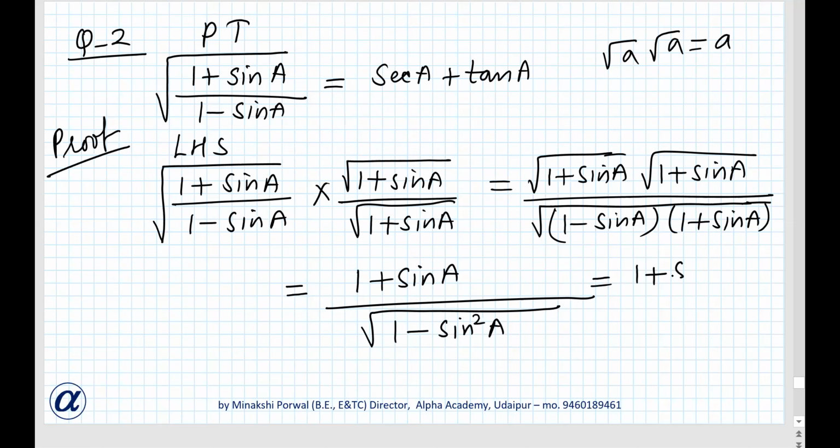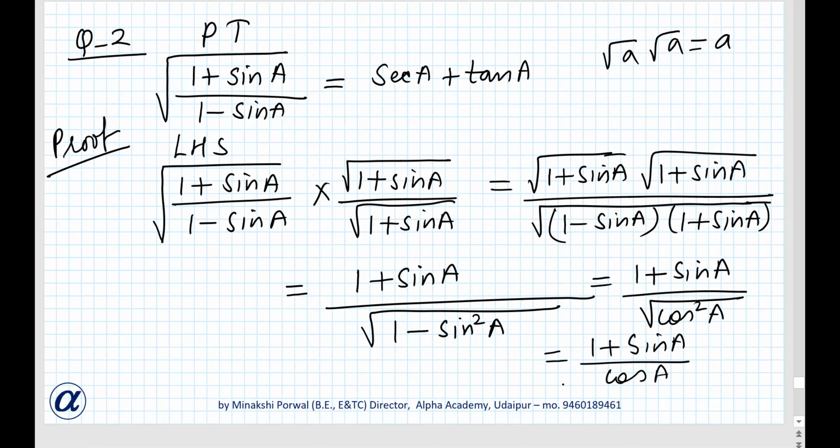So that is 1 plus sine A upon under root of cos square A. Under root of cos square A is cos A. Now 1 divided by cos A and sine A divided by cos A. 1 upon cos A is sec A and sine A upon cos A is tan A. This is what we want to prove. This is the RHS.